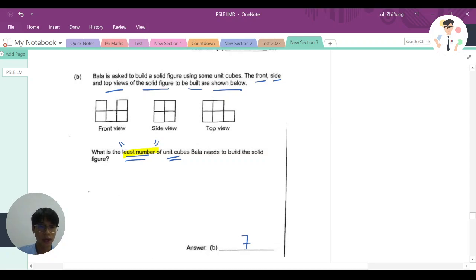How does it look if we want to really build a model with 7 unit cubes? It will be something like this. Let me just draw here. Here I have 3.